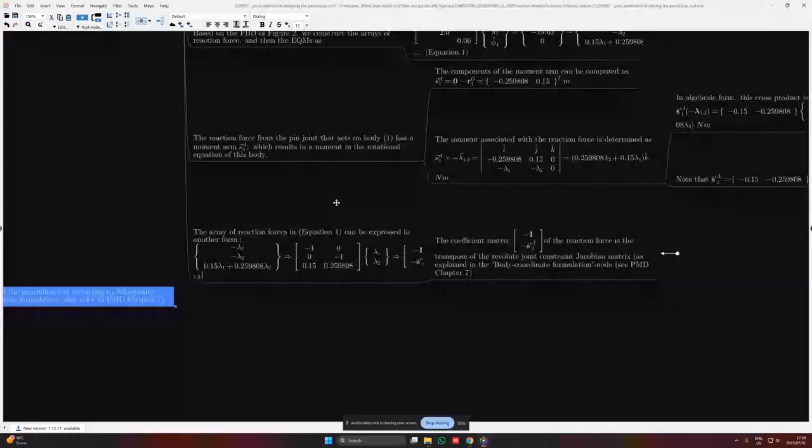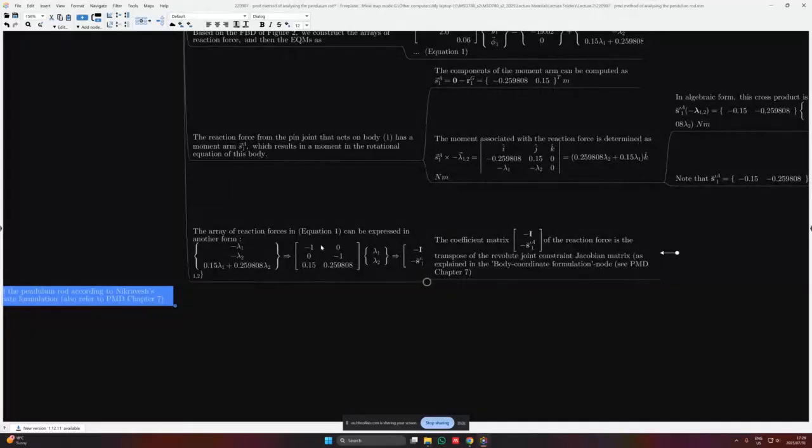And then the next point just concerns itself with the array of reaction forces that we can express in another form as well. So we have minus lambda 1 minus lambda 2. We have our net moment over here, which essentially then becomes this broken up matrix that we have over here. So lambda 1 and lambda 2.